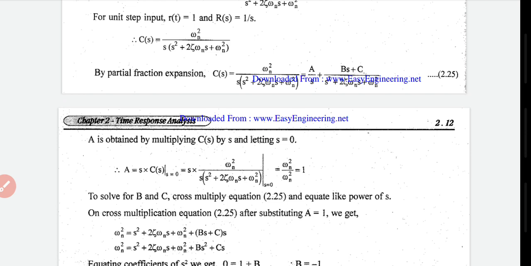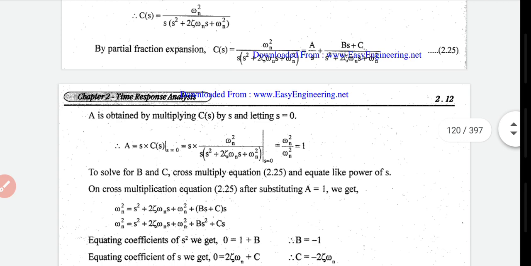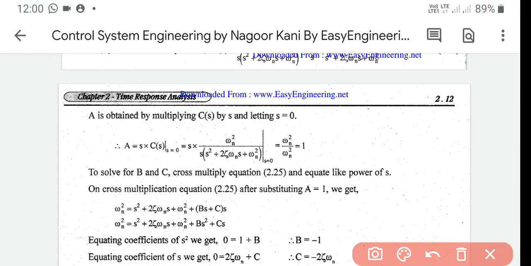Okay, so you already know that A can be obtained directly by using C of S, right? A is equal to S into C of S by letting S equal to 0.